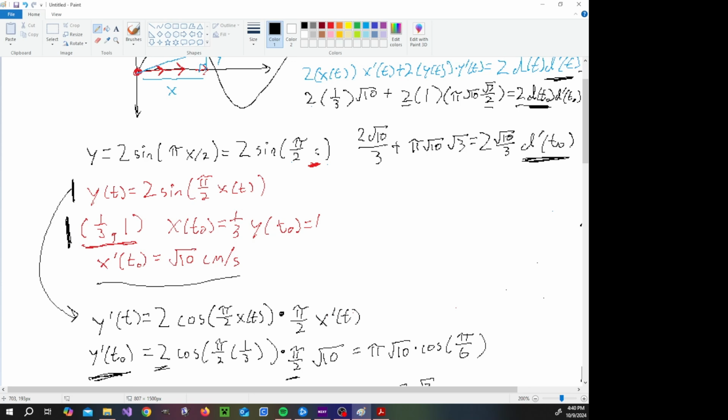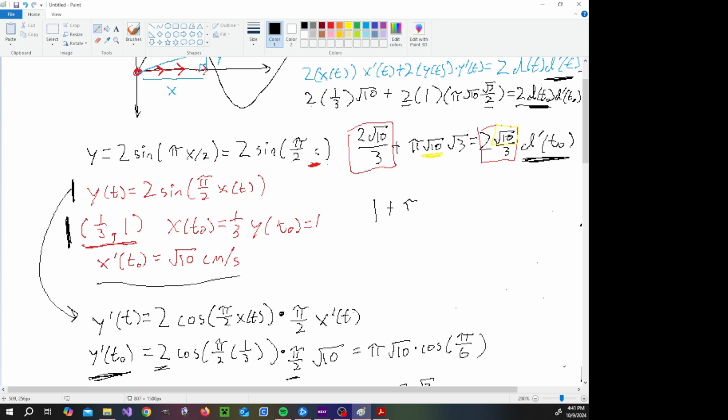So we notice this term is exactly this term, so something divided by itself should just turn into 1. So we don't have to think too crazy about that piece. This part just goes to 1. Now dividing by 10, sorry, this root 10 should cancel with this root 10.